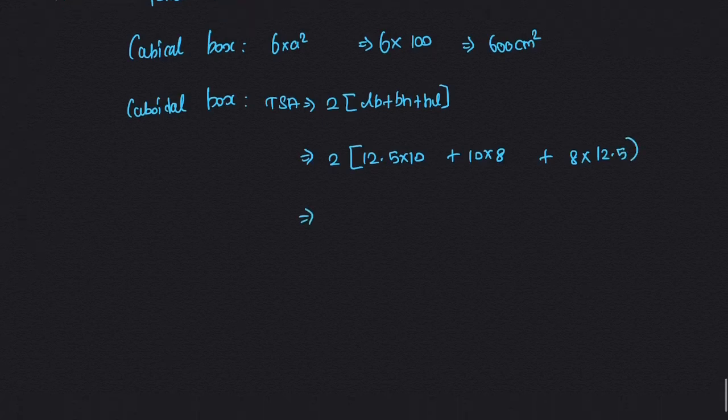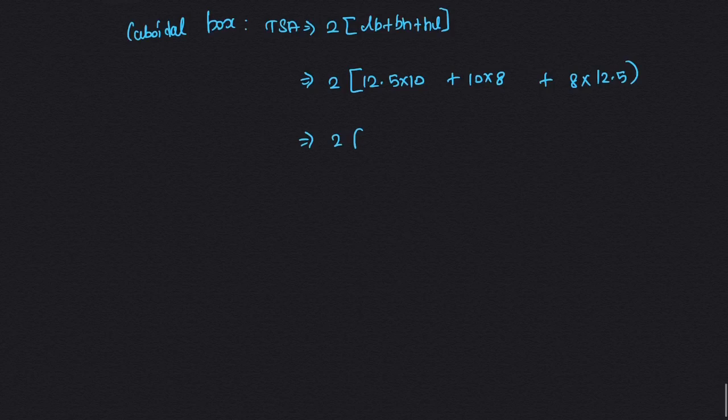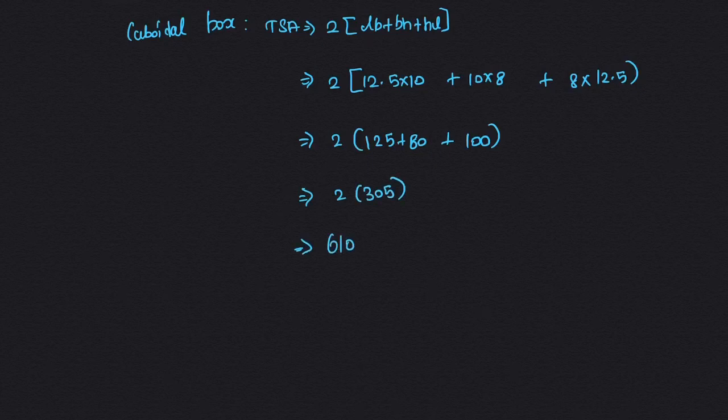Then after simplifying, 2 times (125 plus 80 plus 100), so 2 times 305. So finally we get 610 centimeter square.